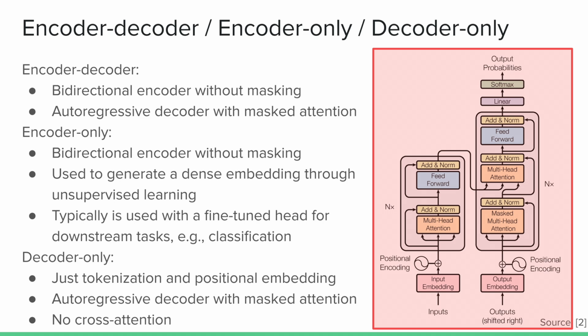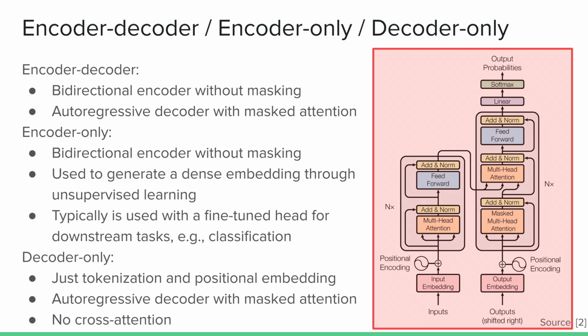We have on the left side here the bidirectional encoder without masking, where all inputs are connected to all other inputs. And then we have our autoregressive decoder on the right-hand side, which is connected with the encoder through the cross-attention mechanism. This architecture is best suited for machine translation or text summarization.